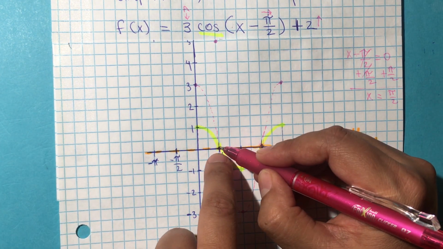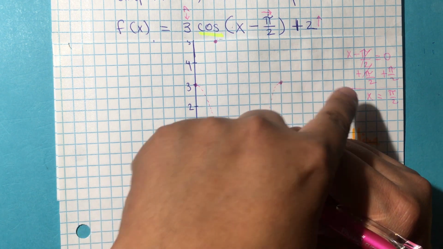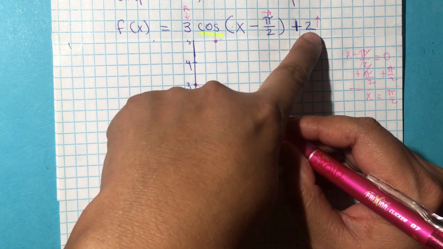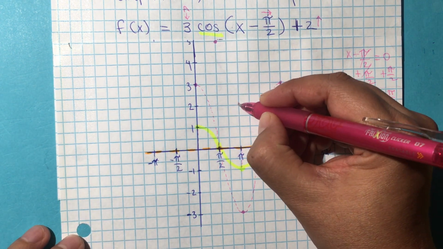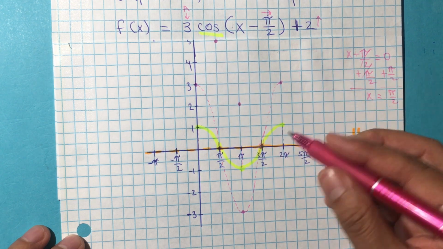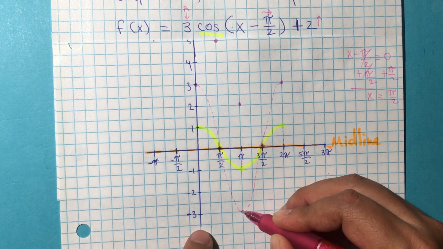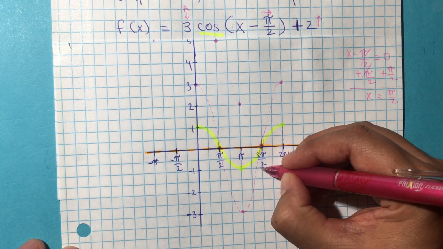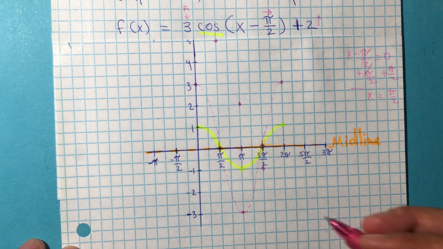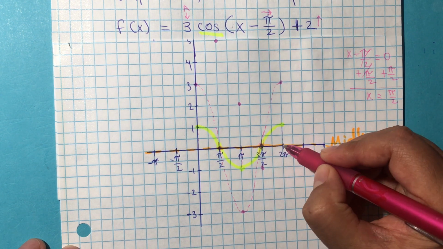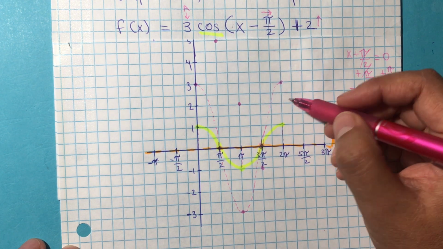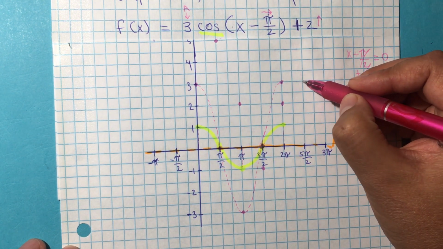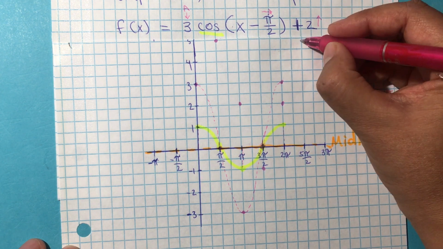For this point, you have pi over 2 plus pi over 2 is a whole pi, and 2 spaces up, because of the vertical shift, your new point is right here. This one goes right here. This one, again, pi over 2 is this many spaces, and then 1, 2. Here is your new point, pi over 2 to the right, and then 1, 2. It's right there. Finally, this point, pi over 2 to the right, 1, 2 up.